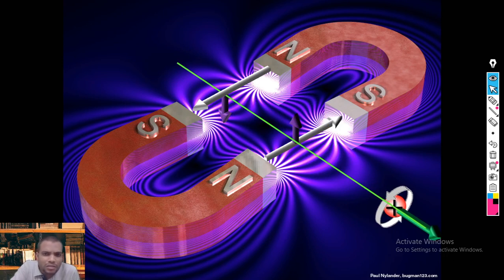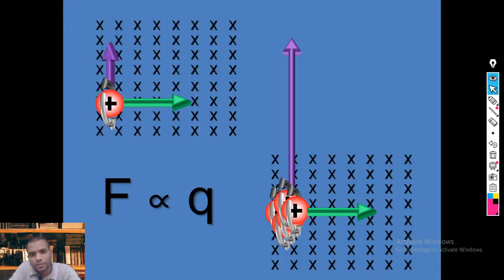That force clearly visualizes the movement of the positron, how it bent down and then went up. According to the experimental evidence, the force on a charge is directly proportional to the magnitude of the charge.